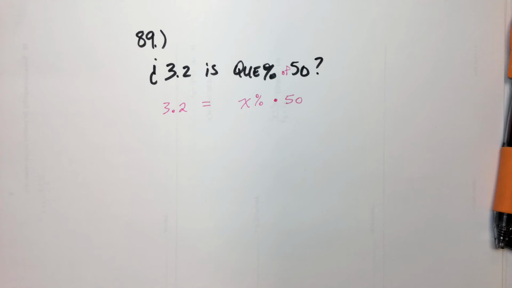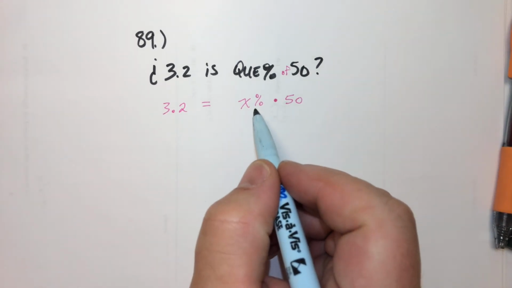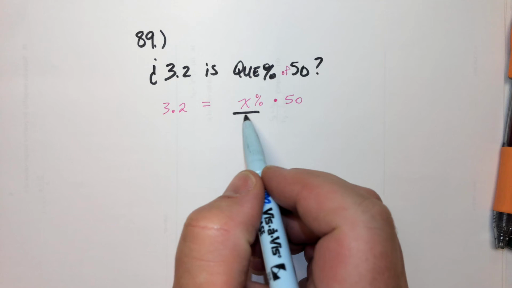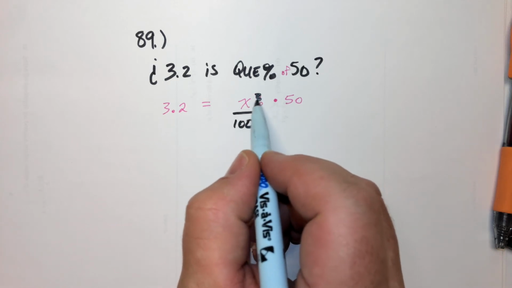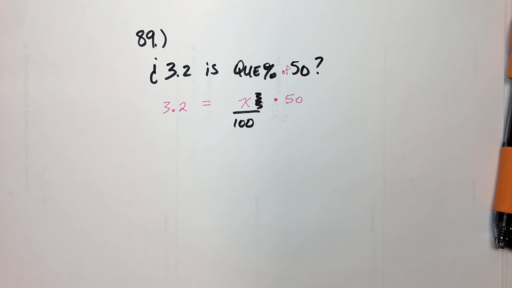Percent means divided by 100, so I'm going to divide that by 100 and get rid of the percent. So that's the thing I have to solve.